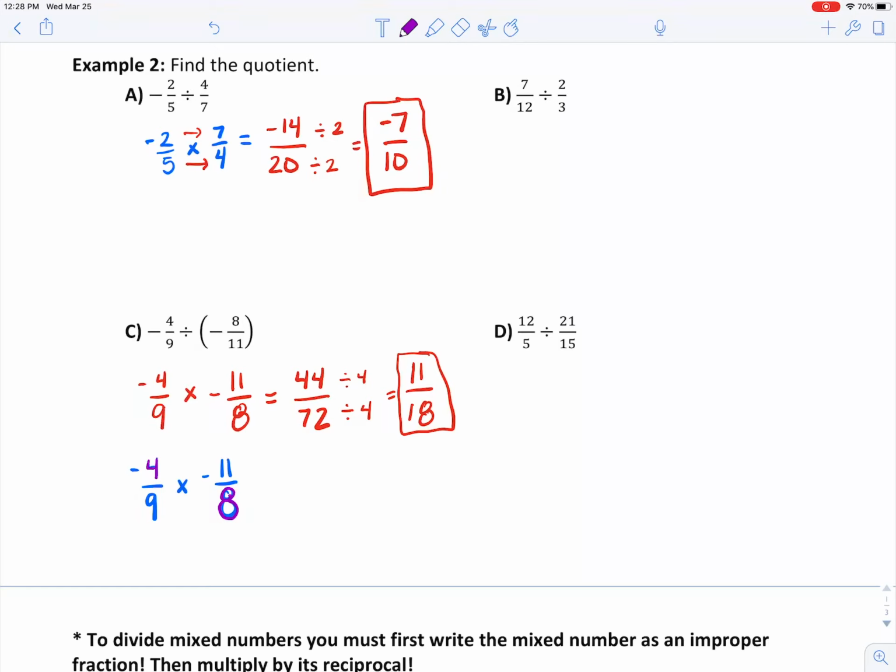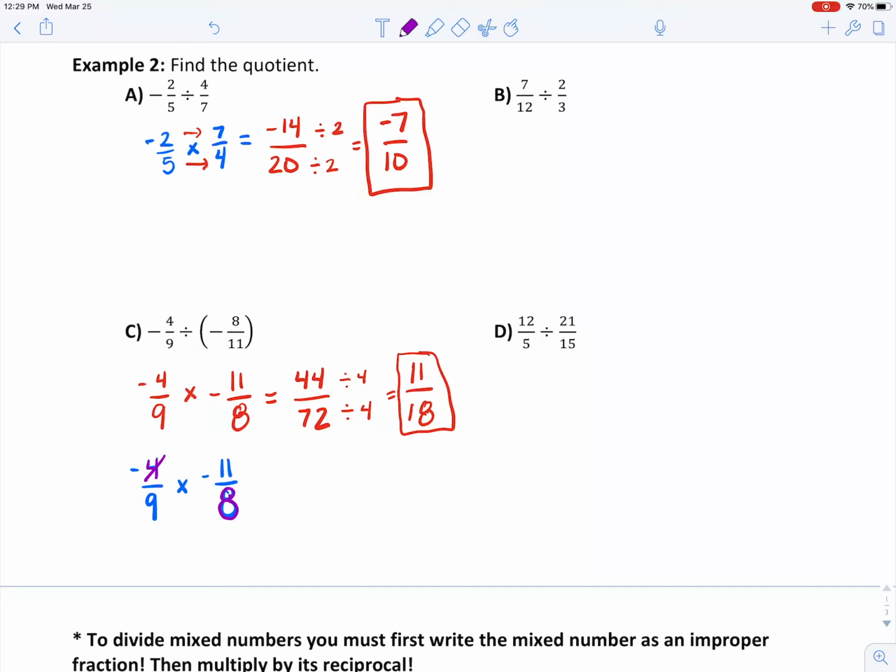So as long as I do the same thing to the top as I do to the bottom, I can divide 4 by 2. And if I do that, 4 divided by 2 is 2. Oh, you know what? Actually, I just noticed both of those numbers are divisible by 4. My mistake. So let's just do that right away.